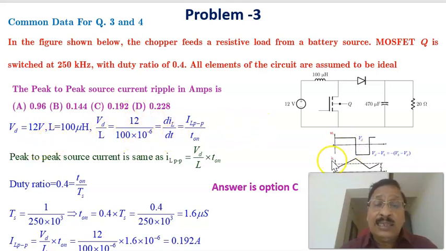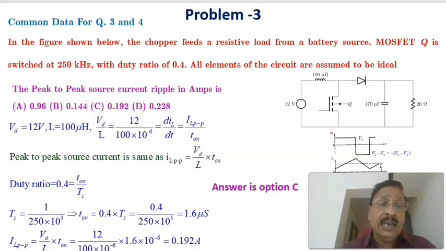Then you can calculate how much the inductor current changes within this time. That is Vd by L into T on, or 12 divided by 100 into 10 raised to minus 6, into 1.6 into 10 raised to minus 6, which equals 0.192 amperes. Therefore, the current ripple at the source side is 0.192 amperes. So the answer is C.